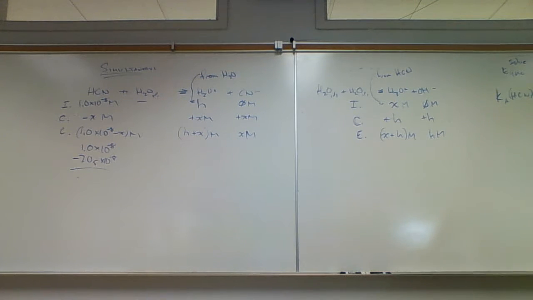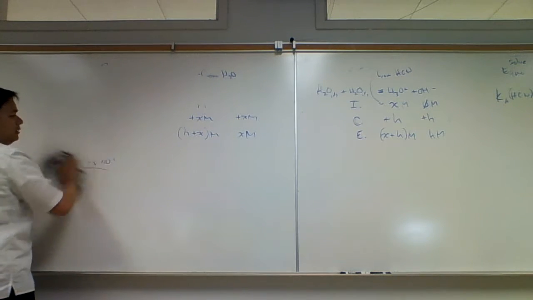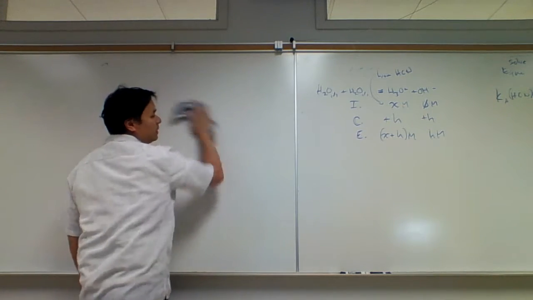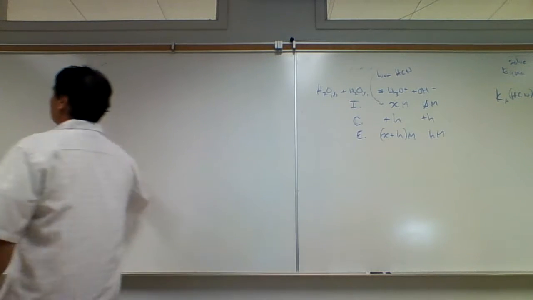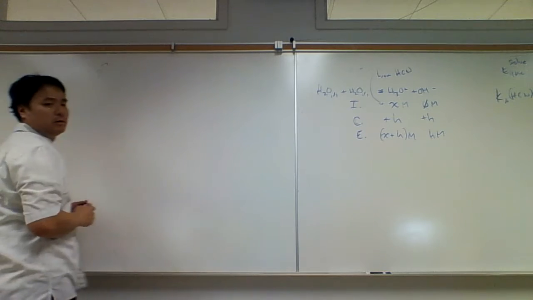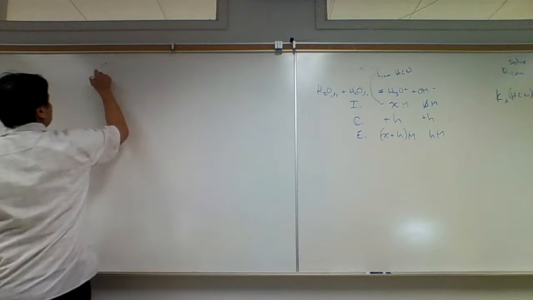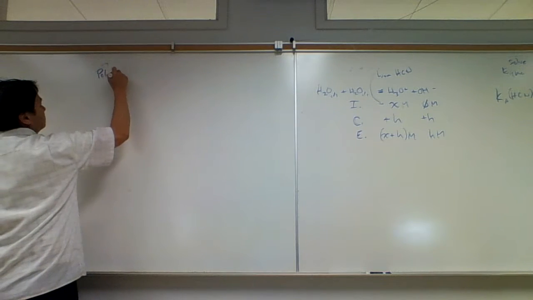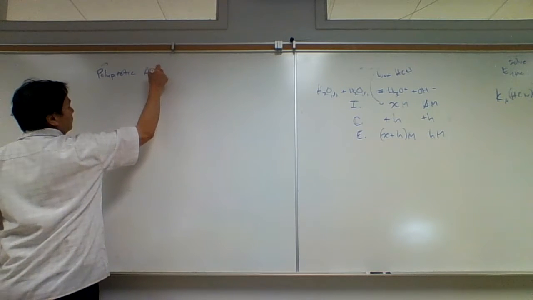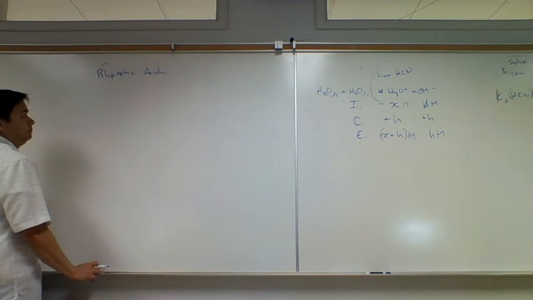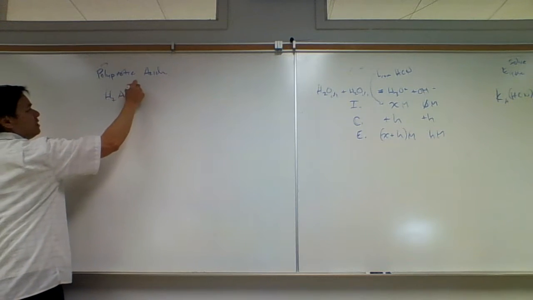Okay. But what I want to talk about briefly are polyprotic acids. Next, we're just going to go for a little bit more, and then we'll stop. Like for example, a diprotic acid, A would be some generic anion.